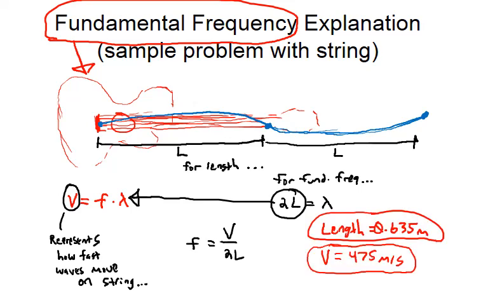If we had, let's say, a length of 0.635 meters and a speed of 475 meters per second, we could calculate the frequency. In this case, the fundamental frequency would be 374.02 hertz.